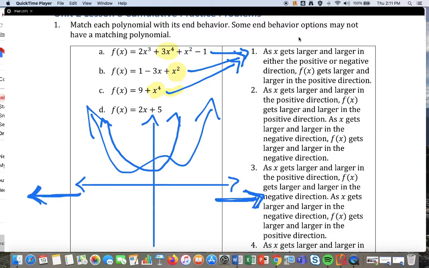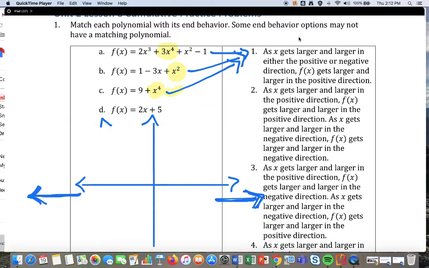So for example, the last one here, f of x is equal to 2x plus 5. Since my leading term has an odd degree, this is going to decrease in one direction and increase as x goes in the other direction.